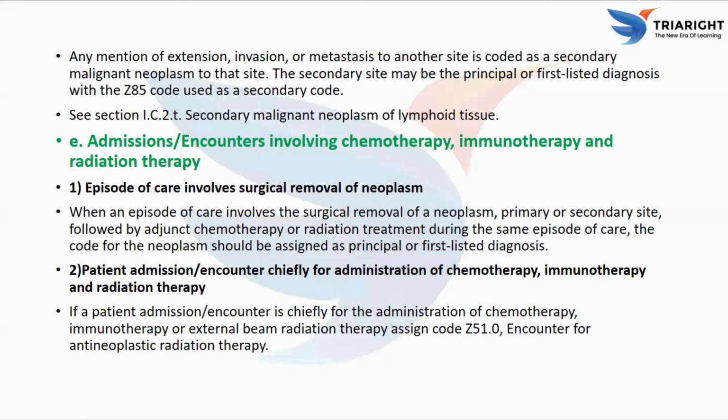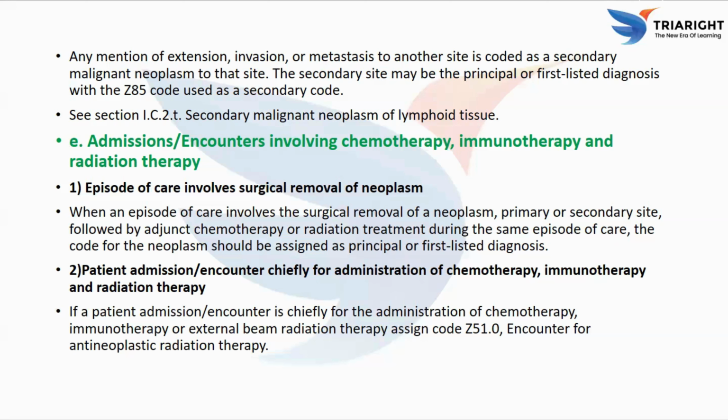And then the next guideline is admission or encounter chiefly for administration of chemotherapy, immunotherapy and radiation therapy. So the patient is admitted only for therapy. There is no surgery performed during this encounter. So what is the sequencing rule? The Z51 code is always the principal or first listed diagnosis.